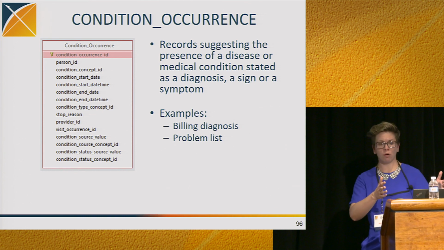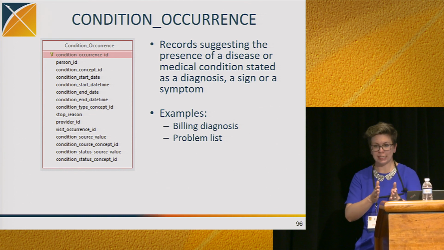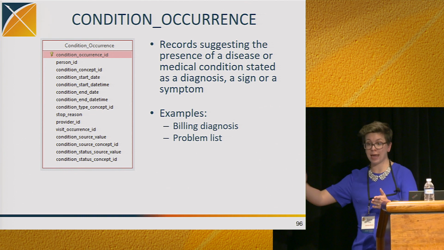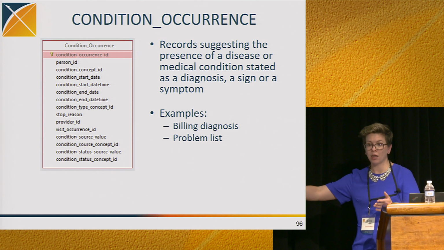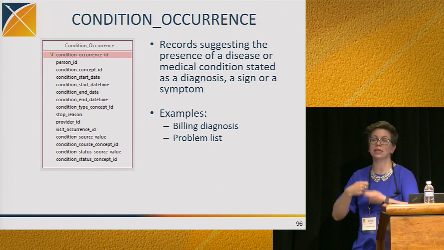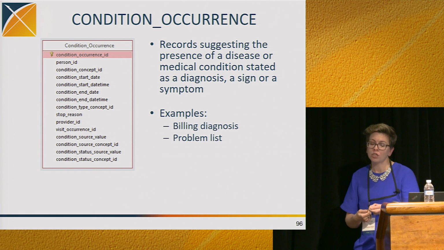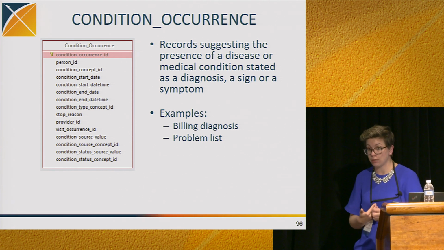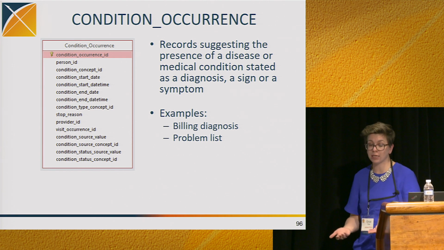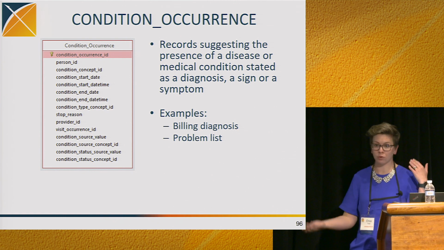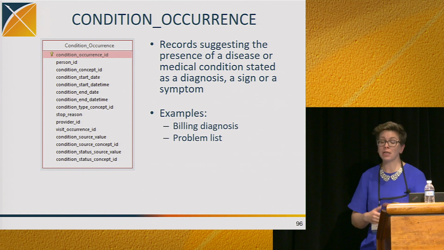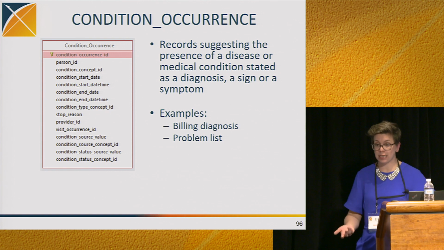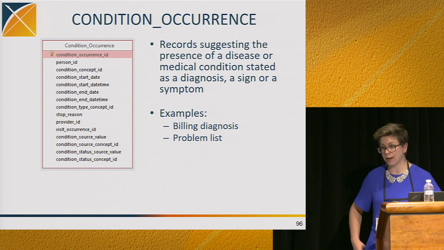It'll be like a woman here until 2010, then nothing, and then a man for the rest of the record. But you can't disentangle who is who. So in those cases, I've made the decision in my CDMs to just drop them, because otherwise you're not going to know, was it a man, was it a woman, when were they born. But in other cases, for other data sources, it may make sense to keep that information.